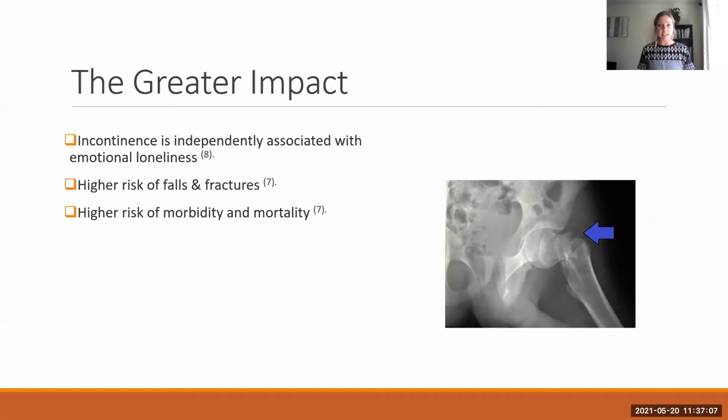There's a lot of data showing that incontinence, and this is not cause, just correlation, is associated with a higher risk of falls. And if you go one step further, if somebody falls and breaks something, especially a hip in older people, there's a higher risk of morbidity and mortality and long-term bad results.